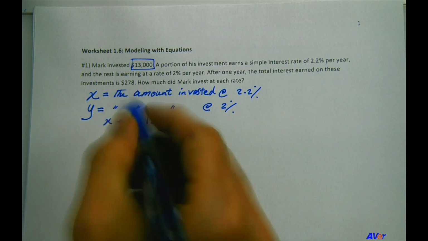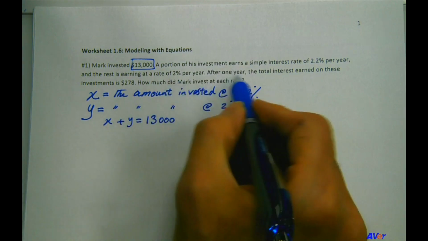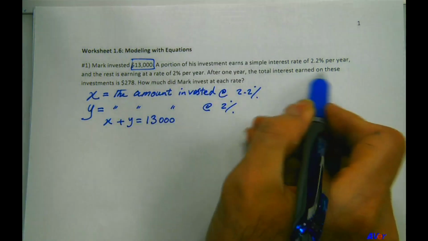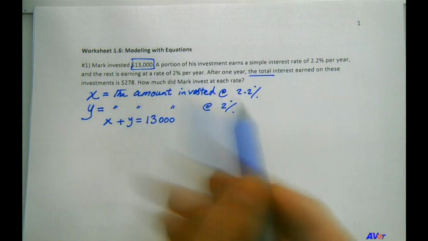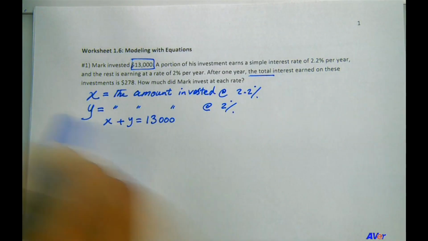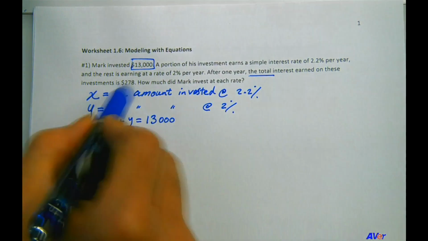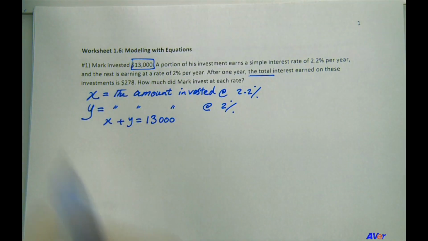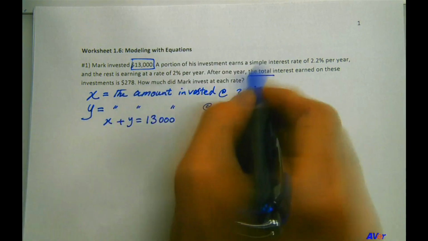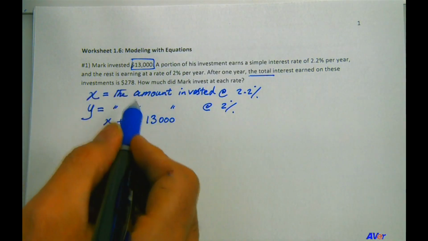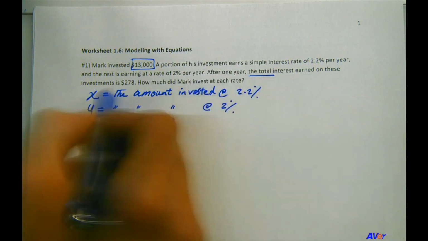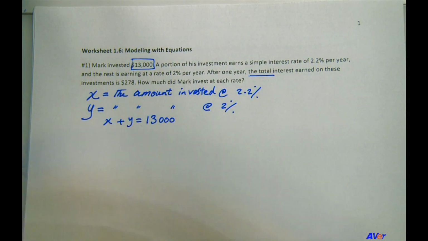Okay, so using that information about the interest rates, the total interest earned on these investments, which means interest from account X and from account Y, is $278. So let's translate that information into symbolic form, because right now, if I keep that information in plain English, I'm not going to be able to solve this problem.